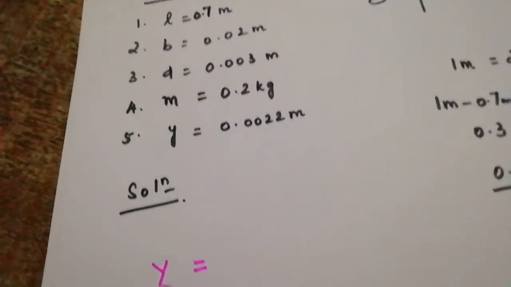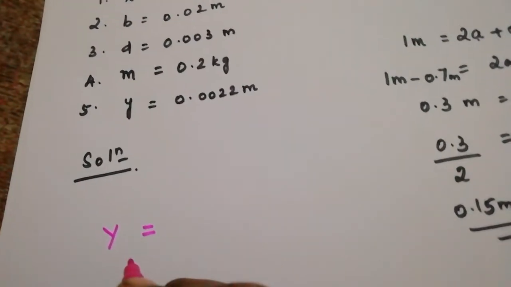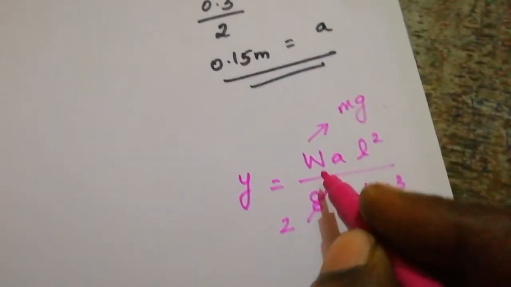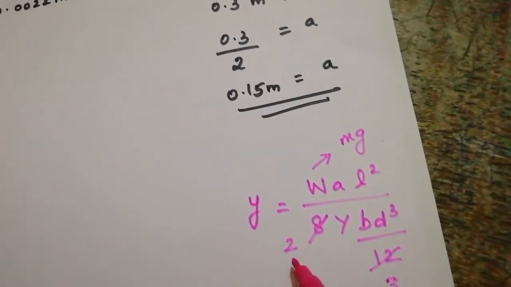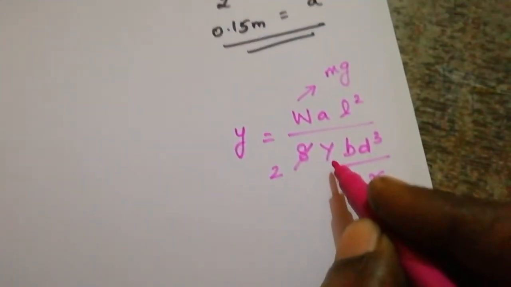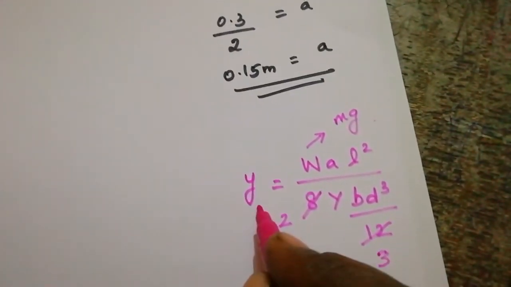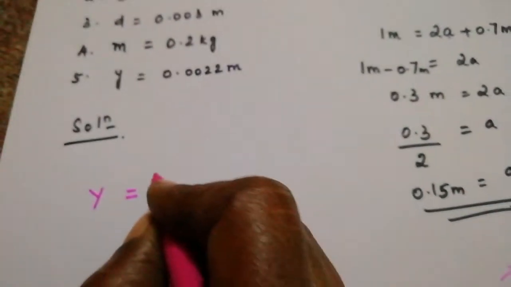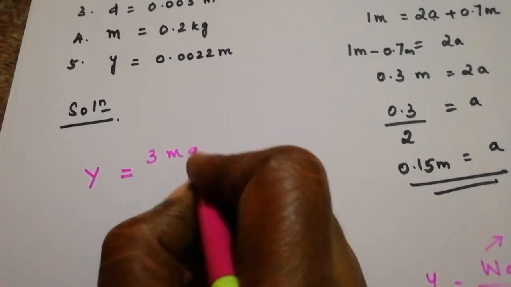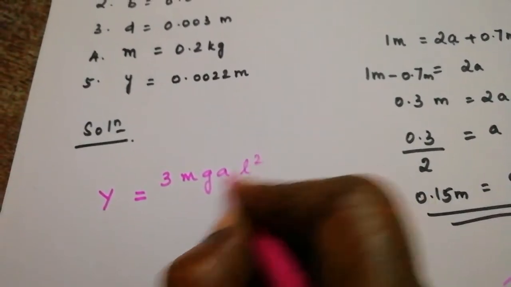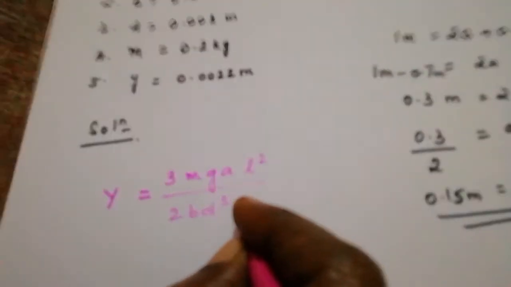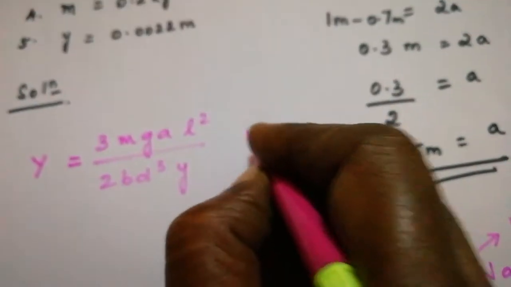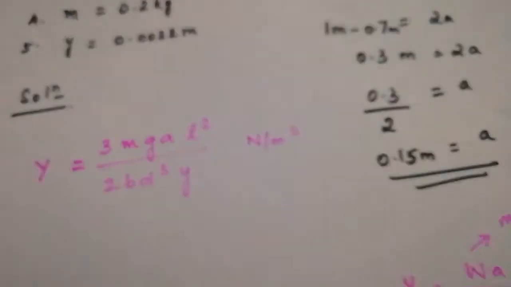So rewriting the formula here, I'll get W as mg a L square by 2 b d cube. Here Young's modulus Y, I am interchanging these two. Therefore, Y is equal to 3 m g a L square divided by 2 b d cube into small y Newton per meter square.